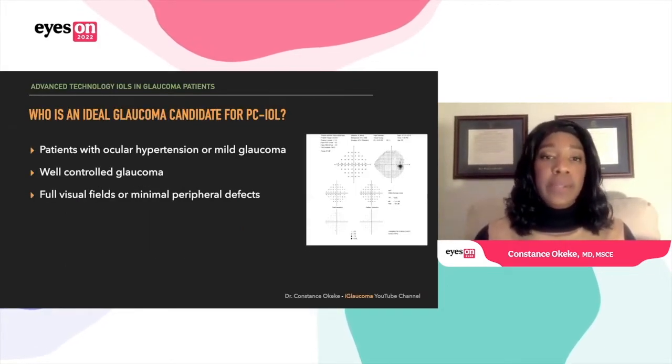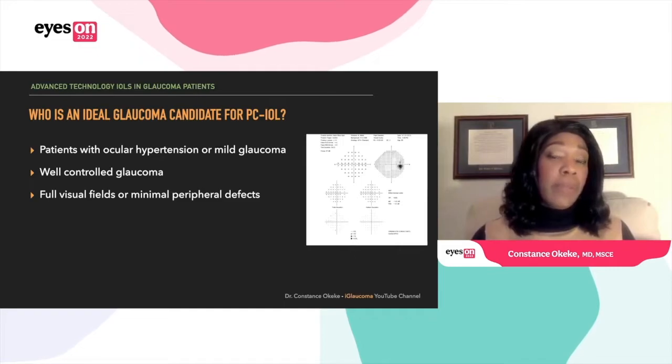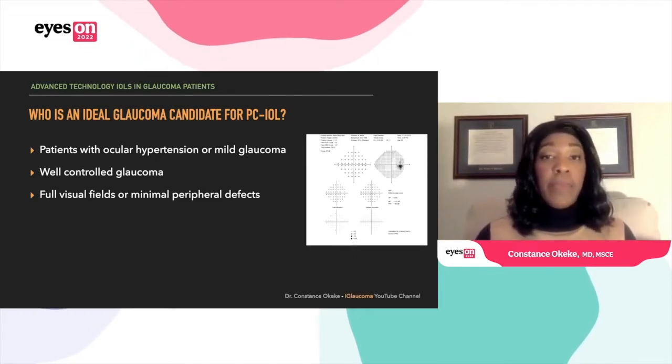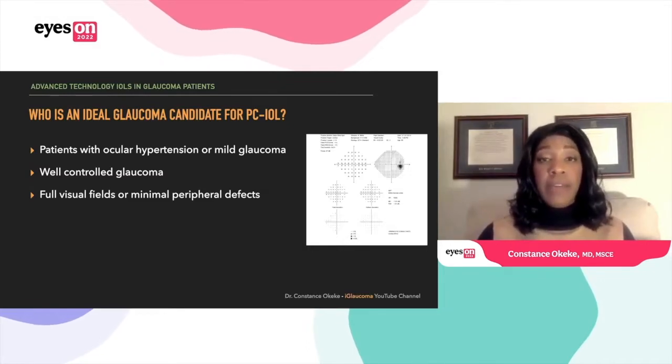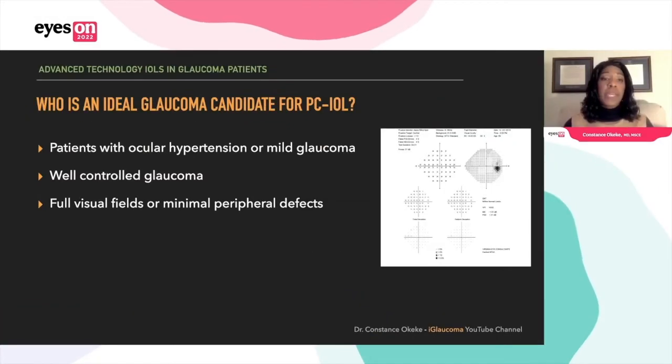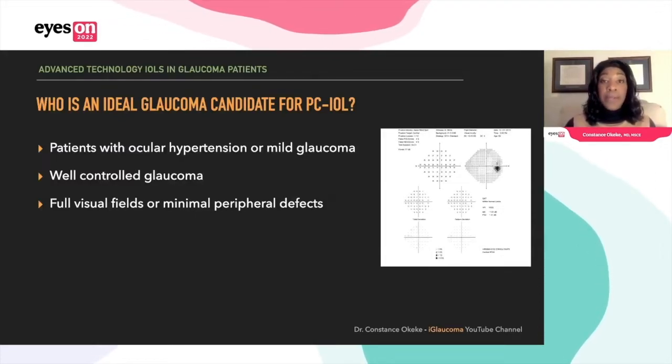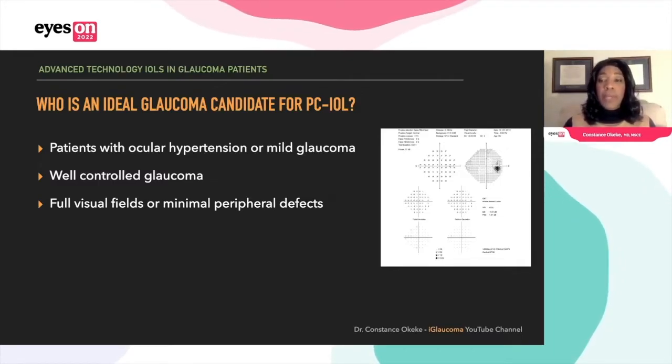Now, who's an ideal glaucoma candidate? Well, ideally, the less glaucoma, the better your outcome can be, because you're not competing with any other level of impairment. So patients who have ocular hypertension, glaucoma suspects, very mild glaucoma, pre-perimetric glaucoma, these are going to be great candidates if they're well controlled and if their visual fields are minimal, as in pre-perimetric or very minimal peripheral defects.